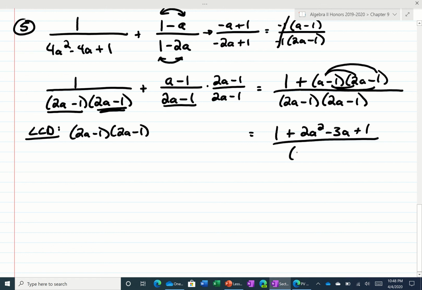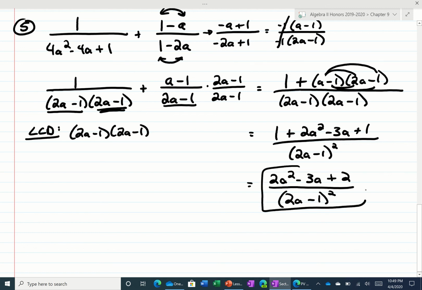We always leave the bottom factored. So we get 2a squared minus 3a plus 2 over 2a minus 1 squared. Now I can't think of any number that multiplies to be 4 and adds up to be negative 3. So the top doesn't factor. That's all we have to do for this one.